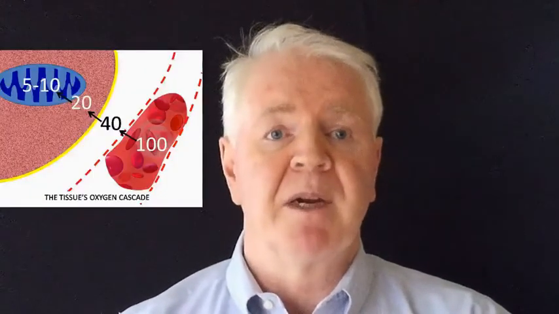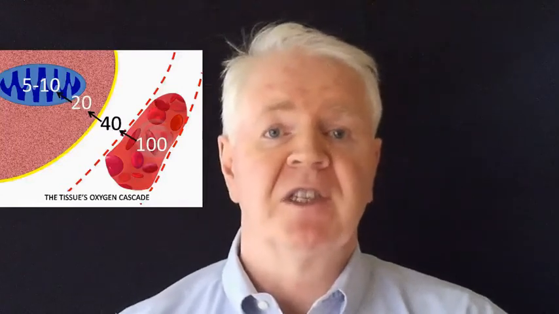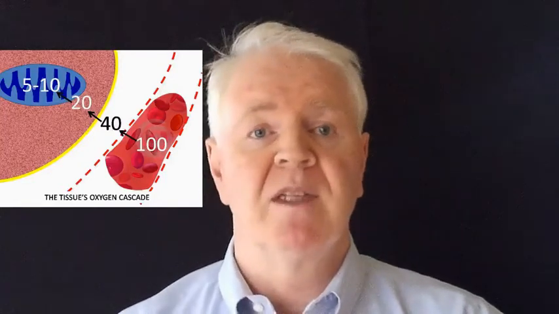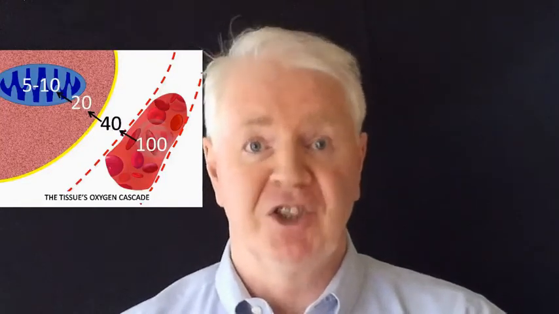The oxygen will diffuse through the cell membrane, and the partial pressure of oxygen inside the cell, once again, is highly variable. But it's probably of the order of about 20 millimeters of mercury-ish.